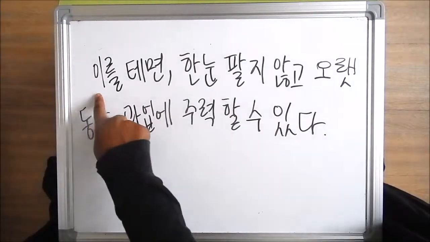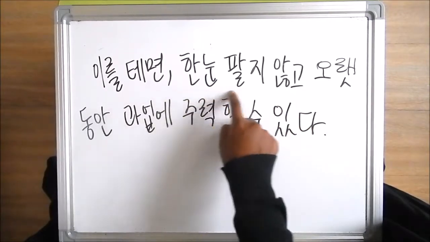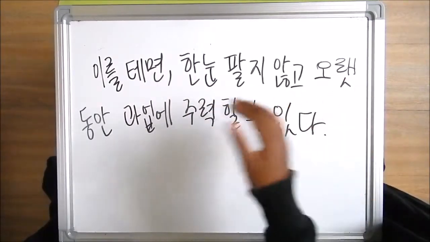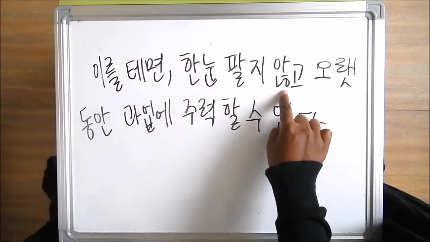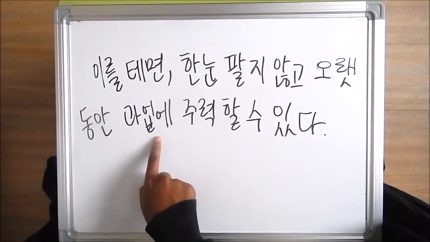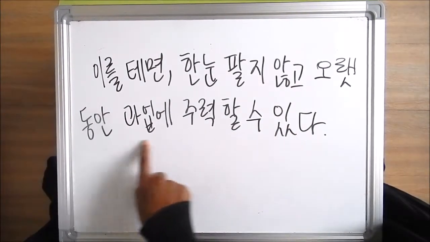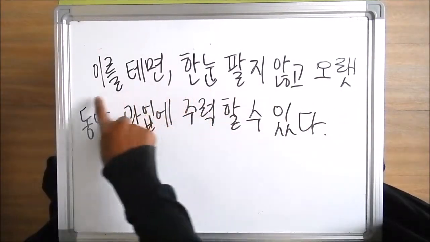Okay, so for example, 한눈 팔지 않고, so to not become bored or to doze off or lose focus or get off track. So without getting off track, 오랫동안, for a long time, 과업, a task, 주력할 수 있다, I can focus on a task for a long time without getting bored, for example.